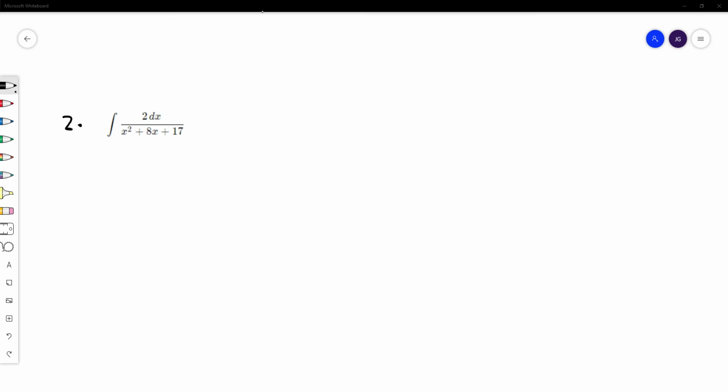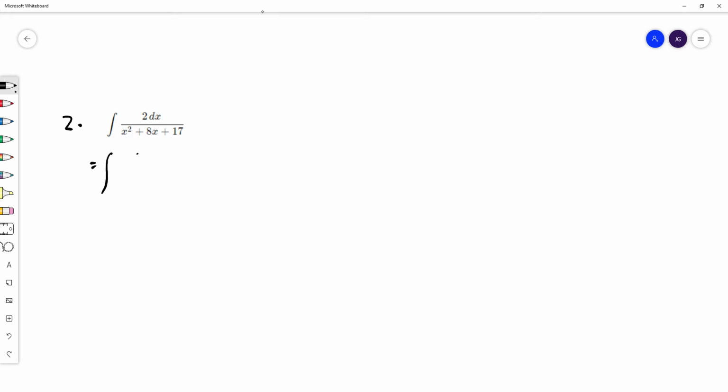Take note that we can rewrite x squared plus 8x, and we can use 16 and separate 1. That is also equivalent to x squared plus 8x plus 17.